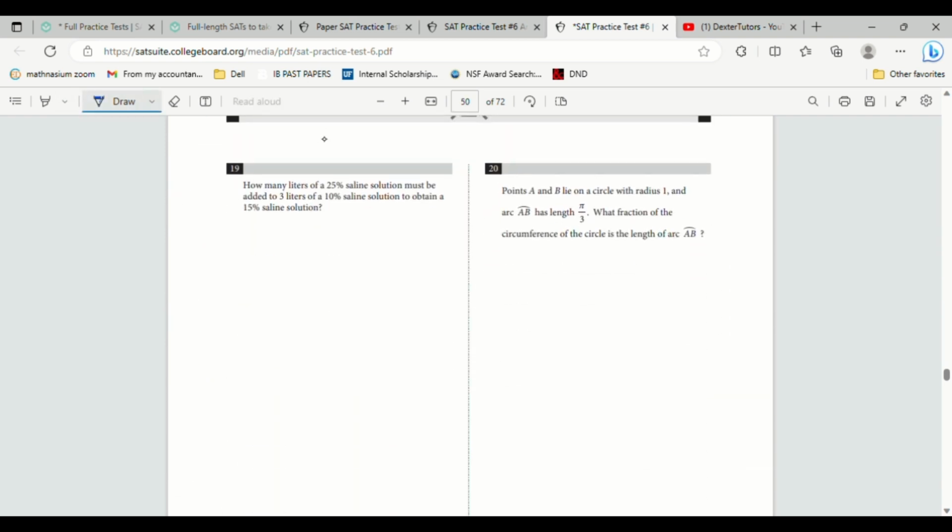Number 19, how many liters of a 0.25% saline solution must be added to 3 liters of a 10% saline solution to obtain a 15% saline concentration?